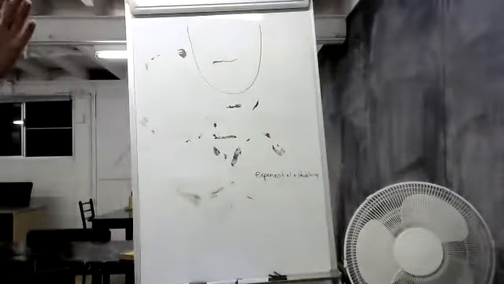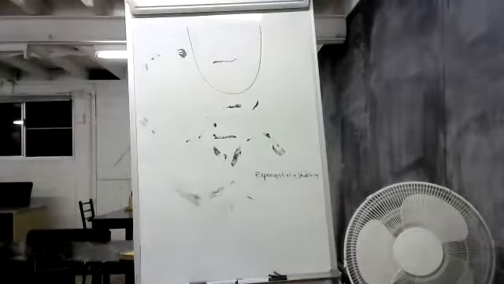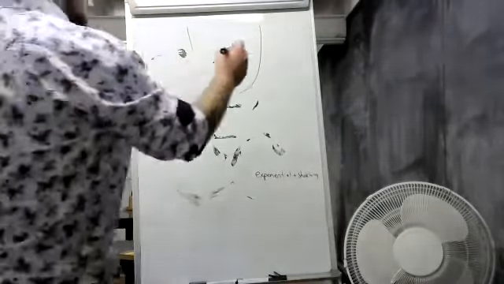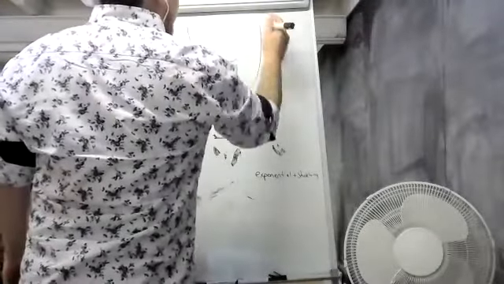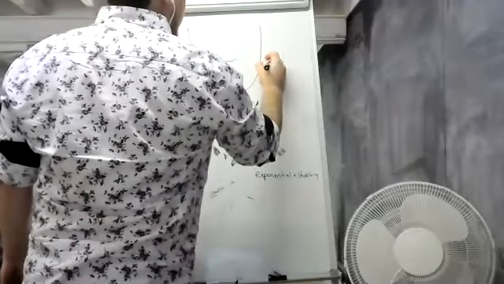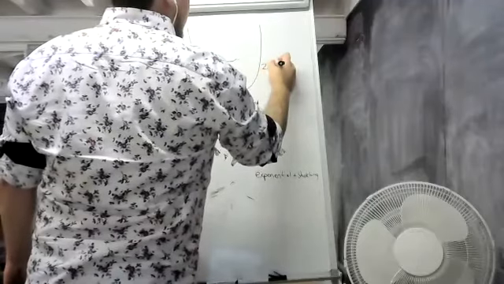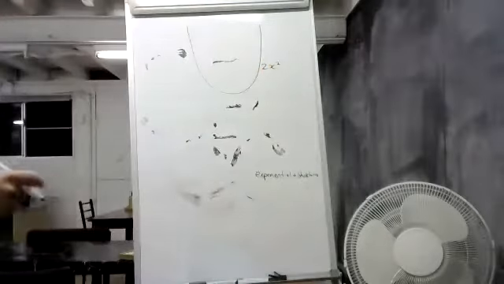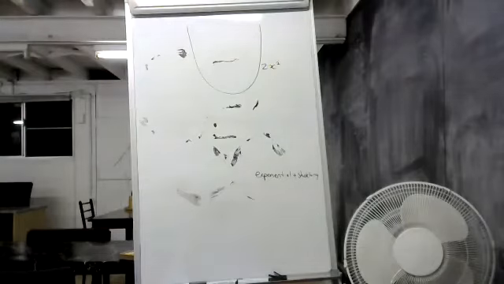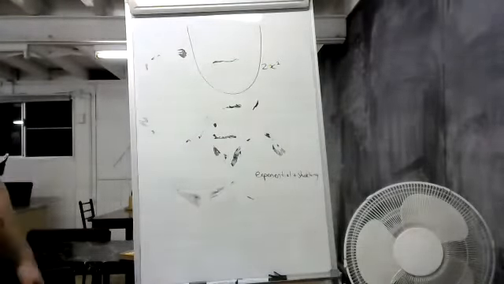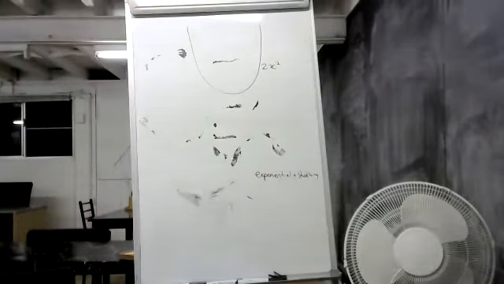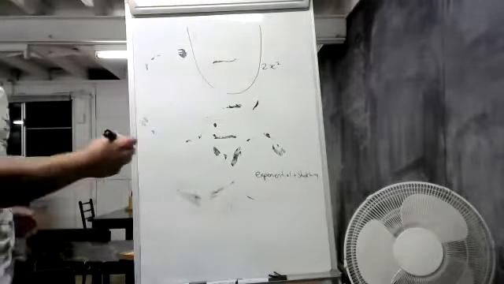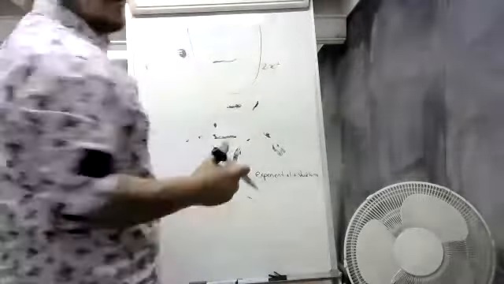So we'll say this is 2x squared. What if I increase to 4x squared, or I increased the A value? Which way is it going to go? Inwards or outwards?